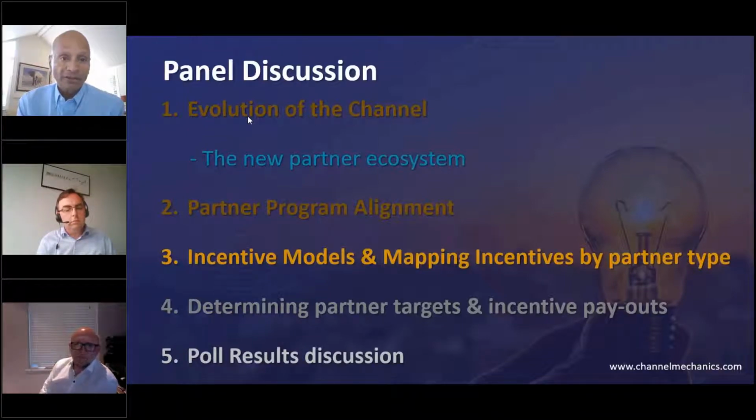I look at three different sales motions. One is the partner sourcing deals, running the sales cycle. The second is, are they influencing the sales cycle and that customer behavior? And third, are they fulfilling the demand?